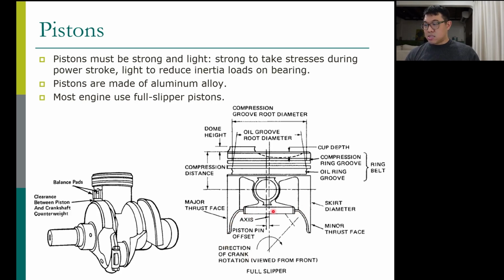You need this space here, this curve of the piston. This curve is used to prevent crashing with the counterweight. This clearance prevents crashing between the counterweight and the piston itself. Therefore the piston looks like this.